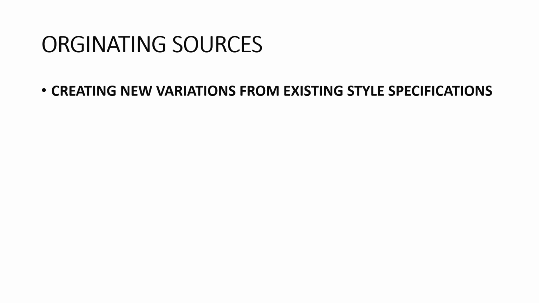So when they create new variations, the specifications will be new specifications. Existing styles are modified and a new style is created, so it becomes a new style. So this is also one of the ways by which the spec sheet can be created.